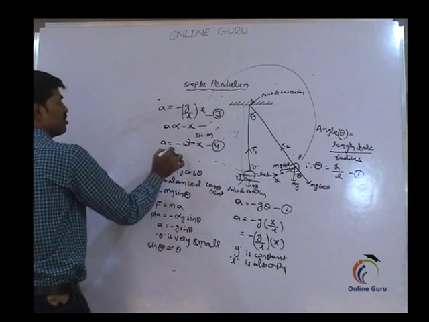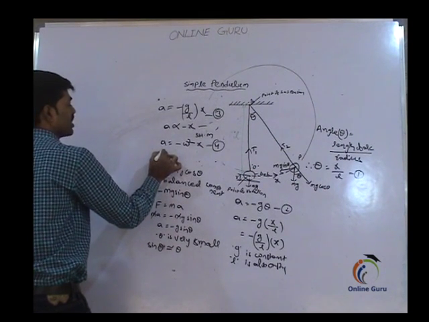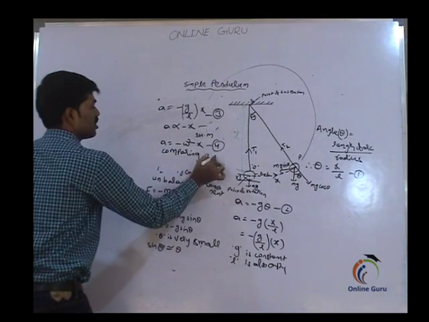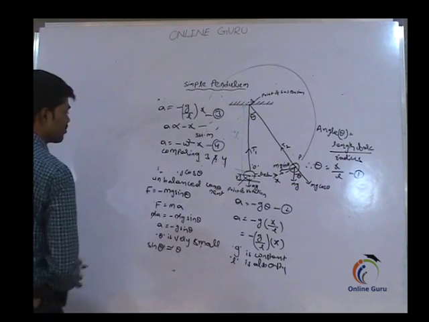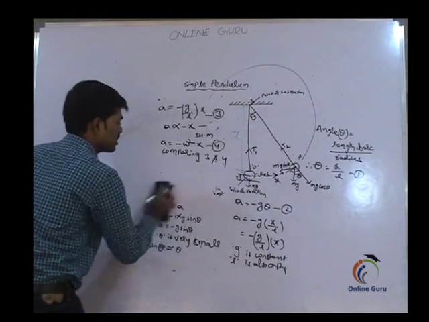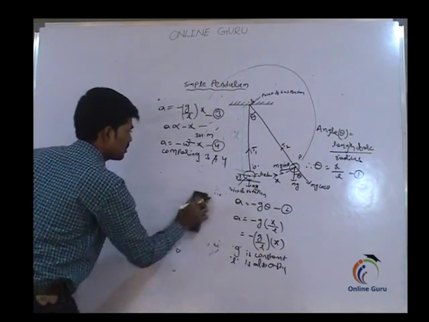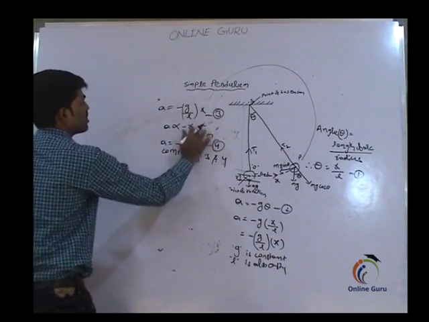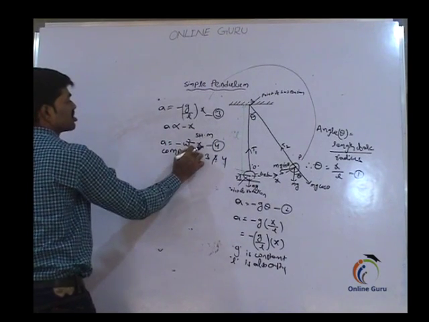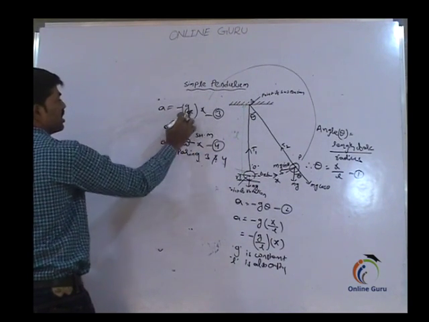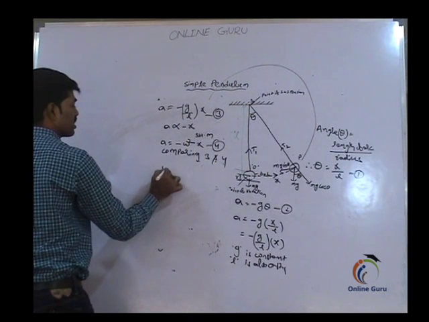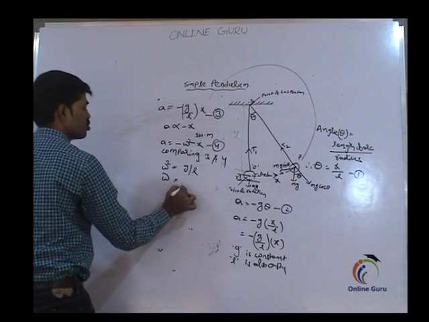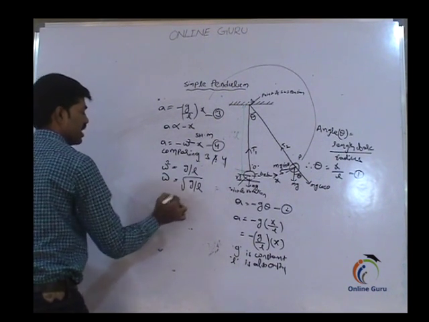Now comparing 3 and 4, A is A and x is x, so omega square is equal to g by L. Then omega is equal to under root of g by L.